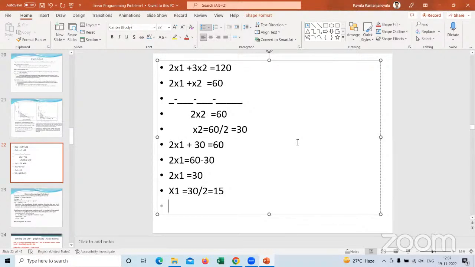So what are the coordinates of the intersecting point? x1 is 15. If you interchange, then it becomes very difficult. Instead of 15, if you take 30, then it is totally wrong. So the coordinates of the intersecting point are 15, 30.